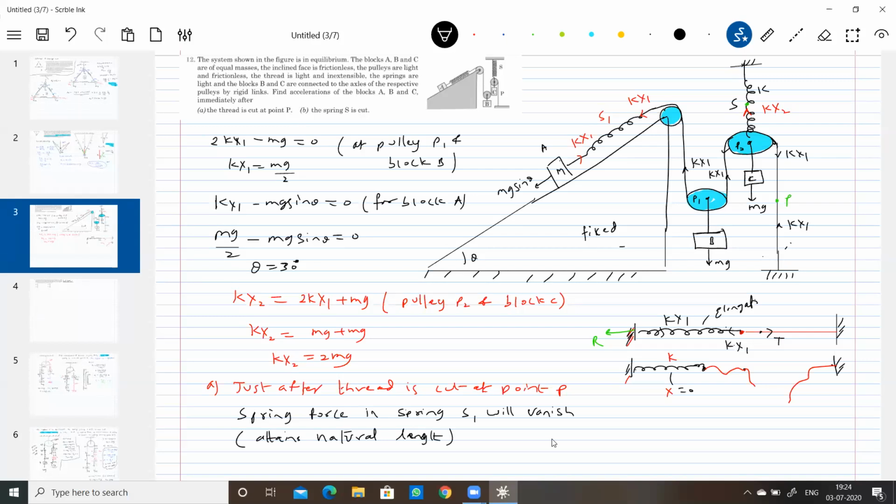Okay, fine. So what happened to block A now? What is the only force acting on block A? mg sin theta. So what is the acceleration of block A now? So what shall we write? Acceleration of block A should be mg sin theta by m, that is g sin theta. So this should be g by 2. What is the direction? Down the incline. Is that okay?